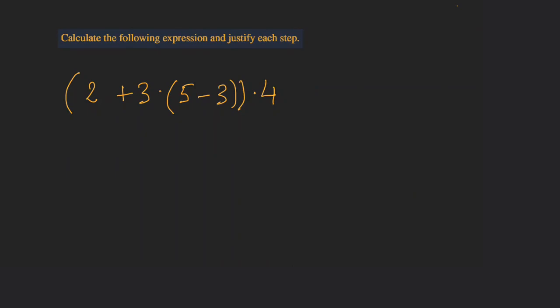Resolving the innermost parenthesis, we get the expression to equal 2 plus 3 times 2, parenthesis closed, times 4. Inside the parentheses, we have the product 3 times 2 added to 2.